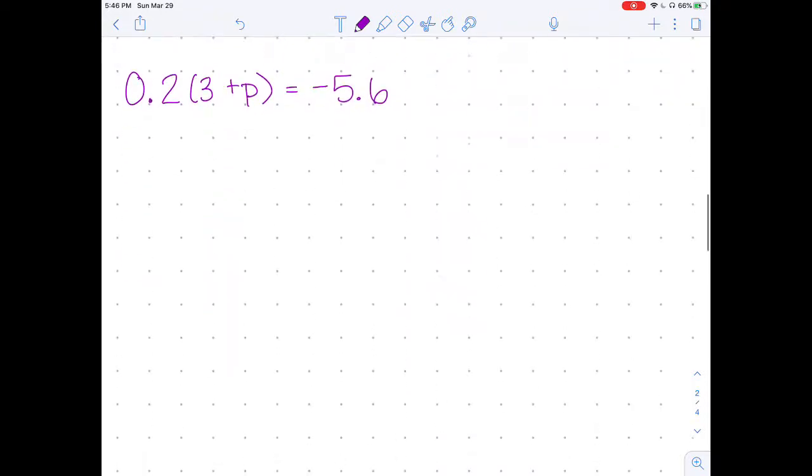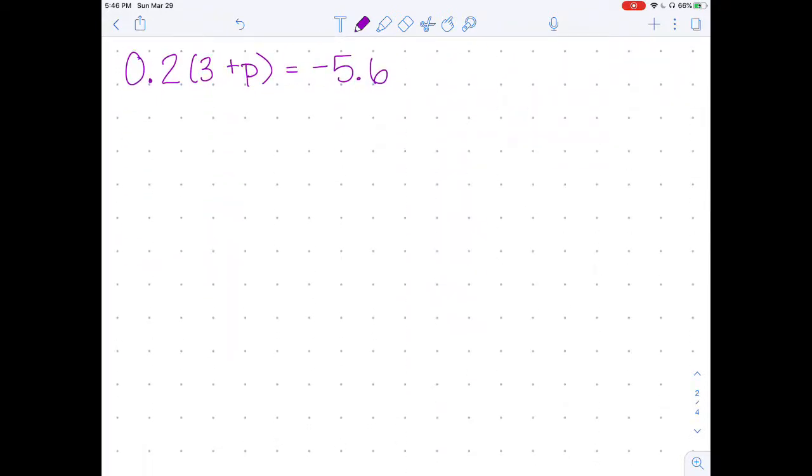All right, let's look at another example here. All right, 0.2 times 3 plus p equals negative 5.6. So our first step is to distribute or combine like terms. Well, I've got some distributing here to do because I've got this number outside the parentheses.